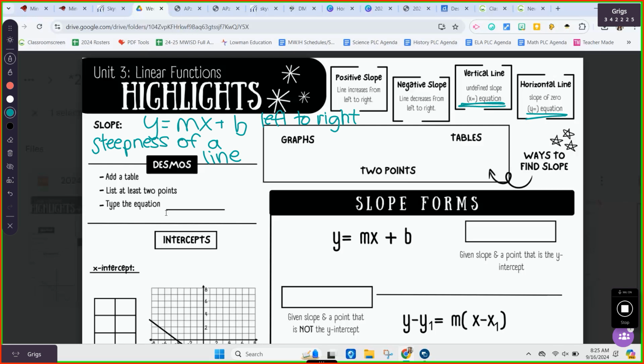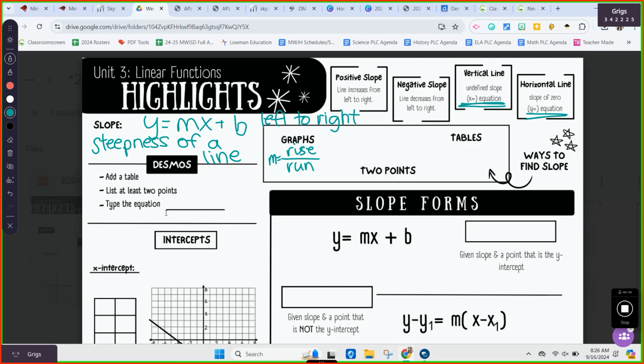Alright, let's go through the 3 different ways to find slope. We have on a graph. What did we do last year with the jumps? Rise over run. So typically if we're working on a graph, and m is what we use to represent slope, so m equals rise over run.